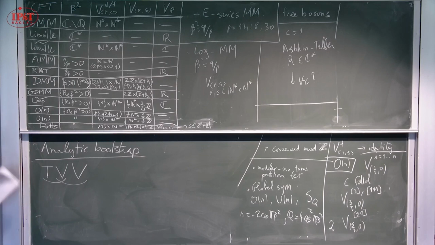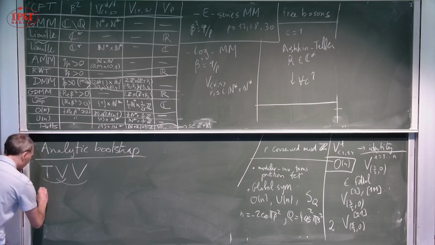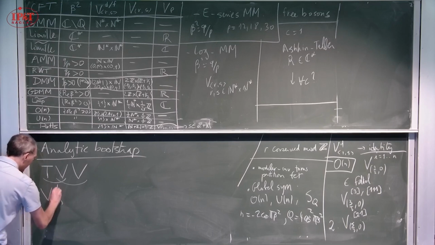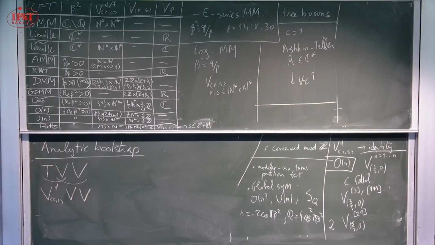And now the idea of the analytic bootstrap is to do the same thing, but instead of TVV, we'll consider our degenerate field, let's say V_21, V, V. So we want to find the consequences of the associativity of this operator product. And in fact, since associativity of operator product expansions is equivalent to crossing symmetry of 4-point functions, we are going to study 4-point functions involving degenerate fields.